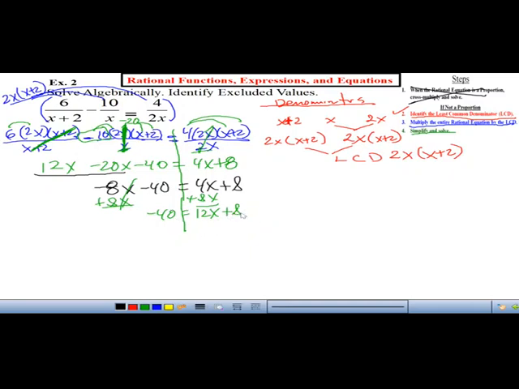Close. We need to bring the 8 over here. Is that correct? To leave x by itself, so I subtract 8. Yes. Subtract 8. That leaves us with negative 48 equals 12x. All right. And last step, divide by 12. Divide by 12. Negative 4 equals x.